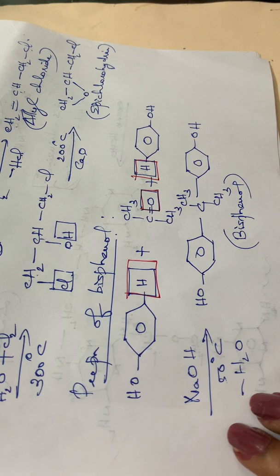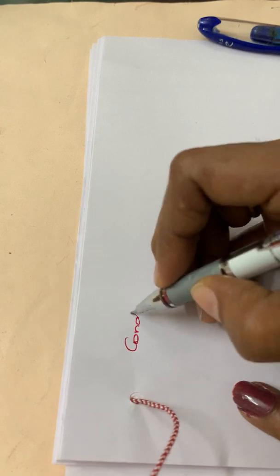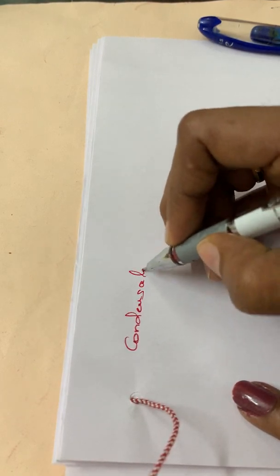Then the next reaction for the preparation of epoxy resin is the condensation of bisphenol with epichlorohydrin. So we have to write that reaction. The third step is the condensation of epichlorohydrin with bisphenol.